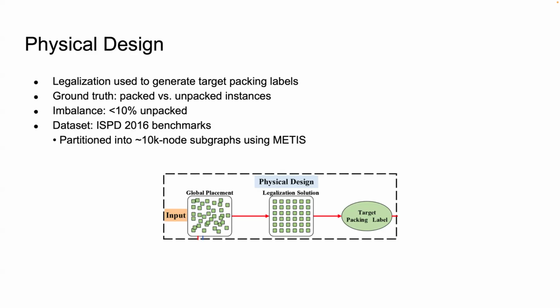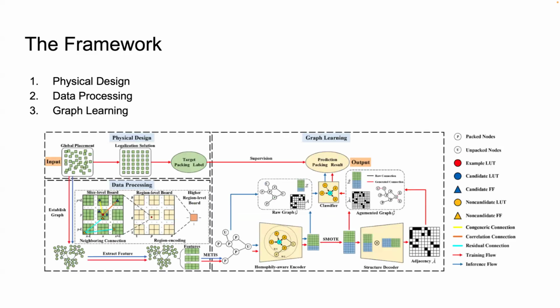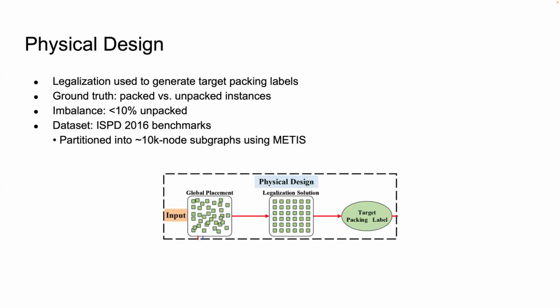because one can say that wouldn't every instance be packed eventually. Yeah, the successful instance here means that the given location is packable. Yeah. This was actually something that confused me about the paper. What do they mean by unpacked instances in this case? Yeah, but for example, let's say this instance is legalized in that location.